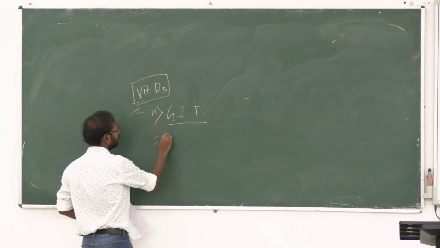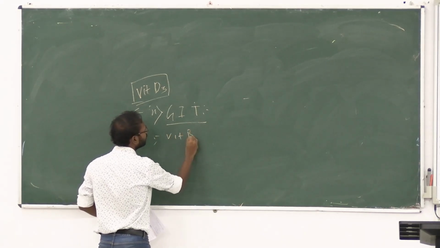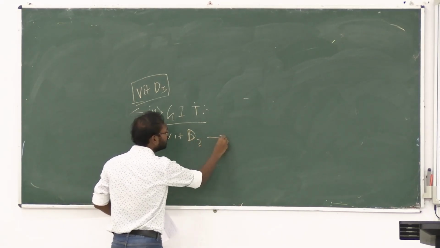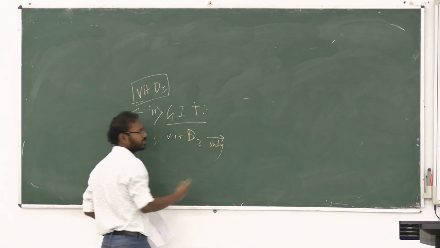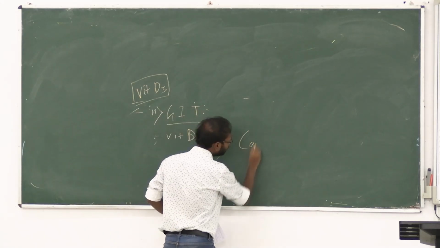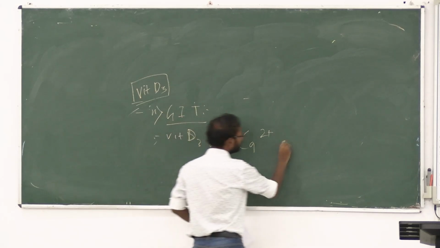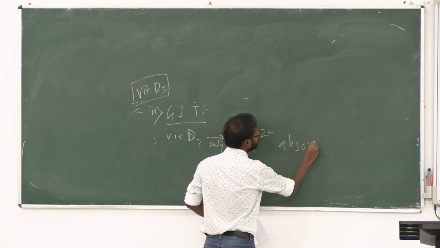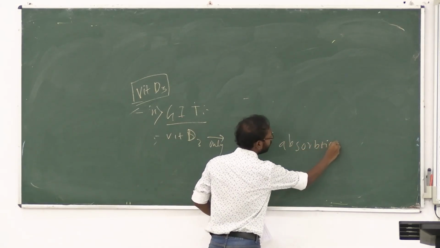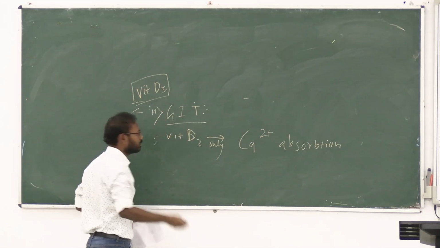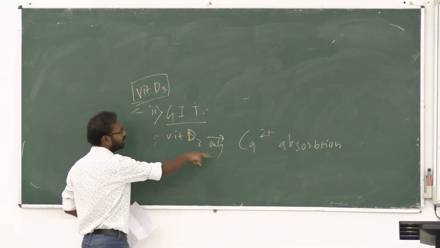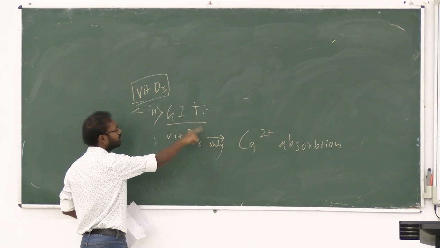In GIT, vitamin D3 is the one and only substance which helps in calcium absorption. Phosphate decreases calcium absorption in GIT. I said this the previous day. So only vitamin D increases calcium absorption in GIT.